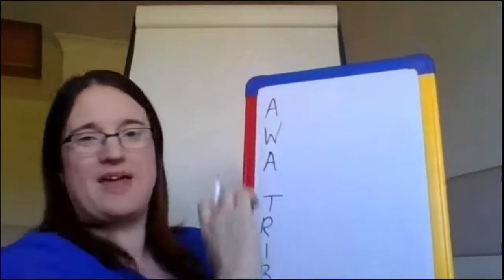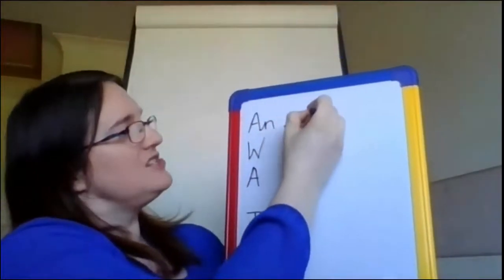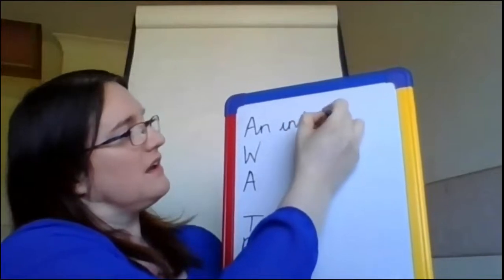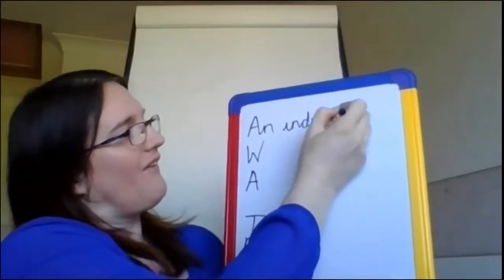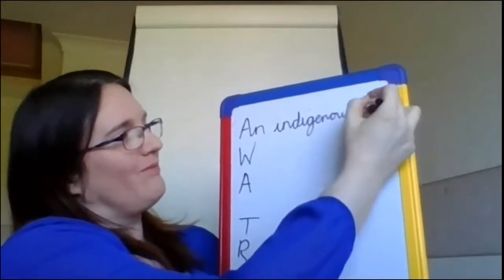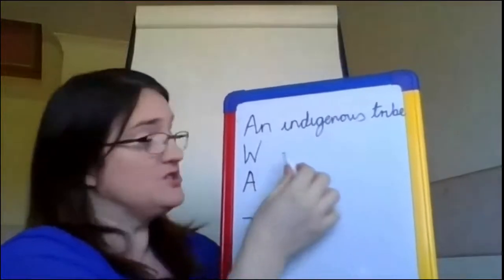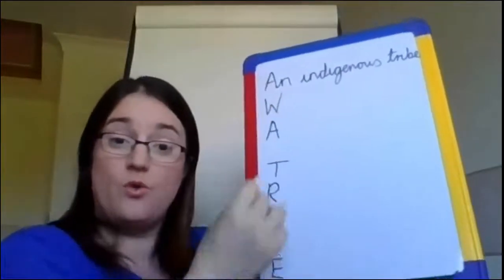So we may start up here with A, and we might say they're an indigenous tribe. Okay, then we go down to the next section and we think of a line that we can use starting with the letter W, and we go all the way through, trying to describe exactly what our tribal life is like.